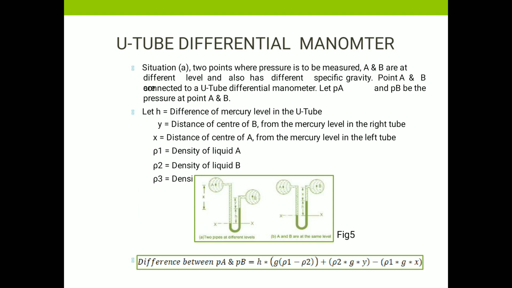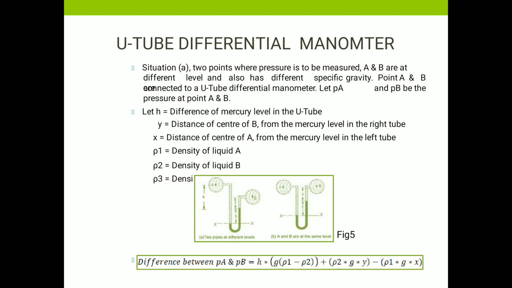Let h be the difference of mercury level in the U tube. Y is the distance of the center of B from the mercury level in the right tube. X is the distance of the center of A from the mercury level in the left tube.